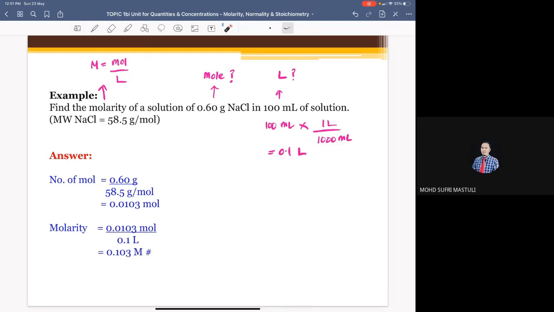So this mole divided by 0.1 liter, you can obtain 0.103 molarity. So it can be written as 0.103 mole per liter, or 0.103 mol L^-1.